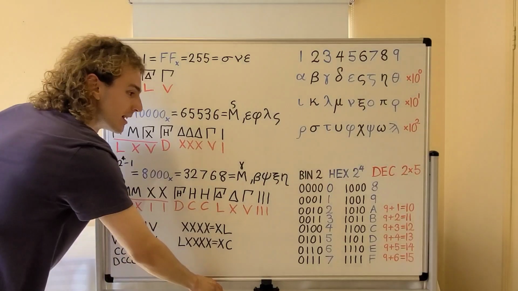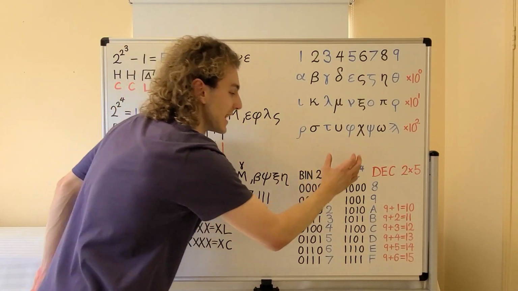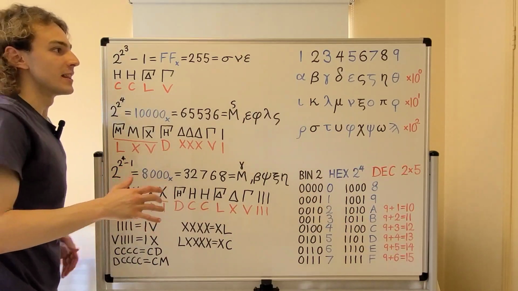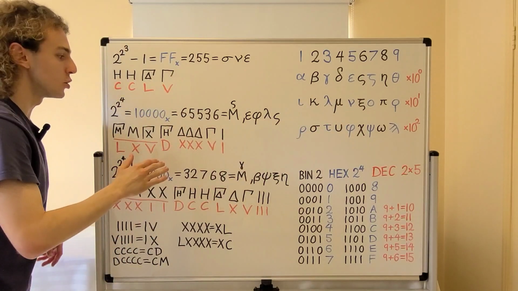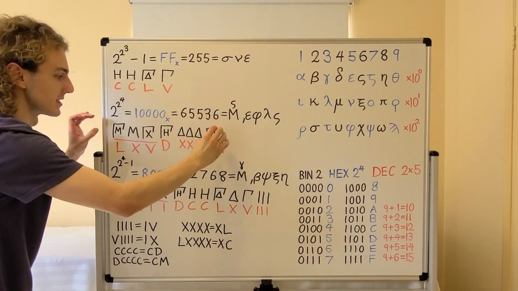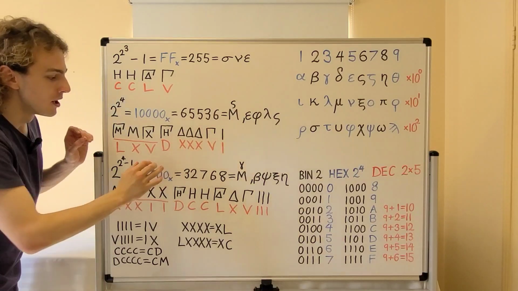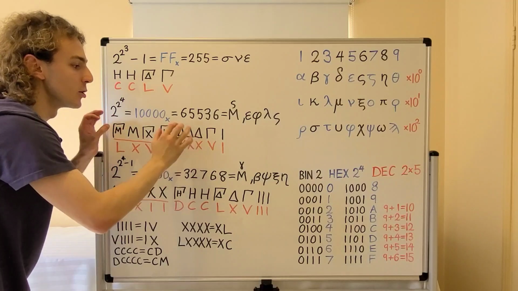So we have seen the modern positional systems using binary, hexadecimal, and decimal. And we have also introduced this alphabetic Greek numeral system in addition to this acrophonic numeral system. And this old acrophonic numeral system is very similar to the Roman numeral system. It uses additive notation.